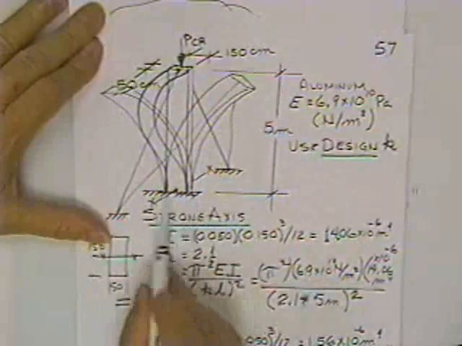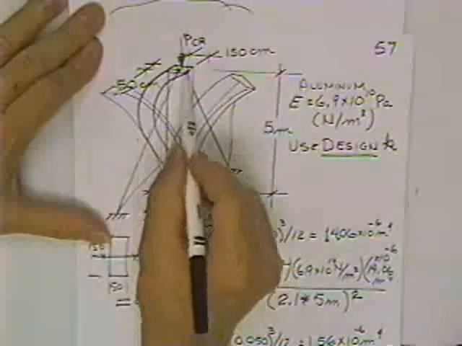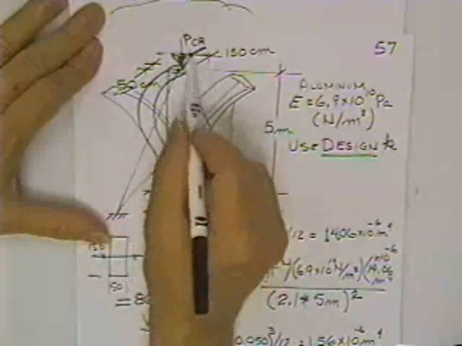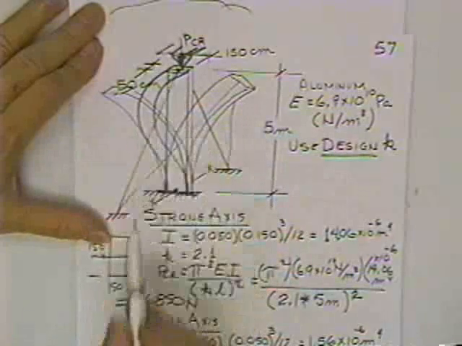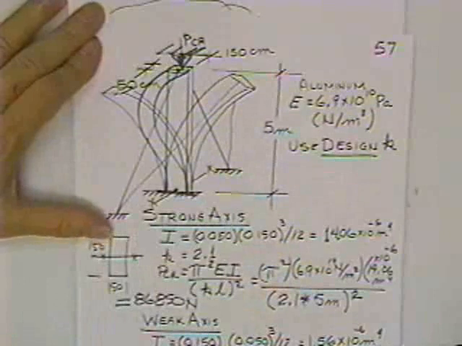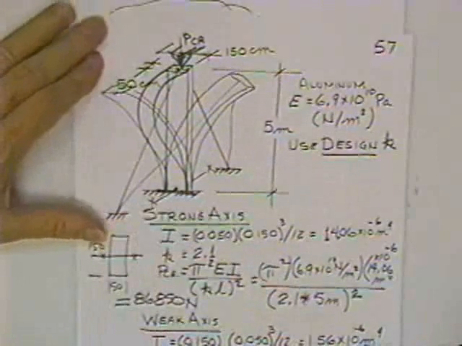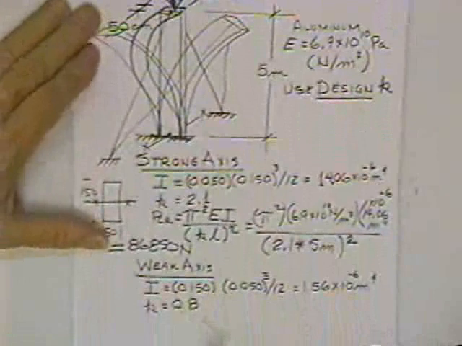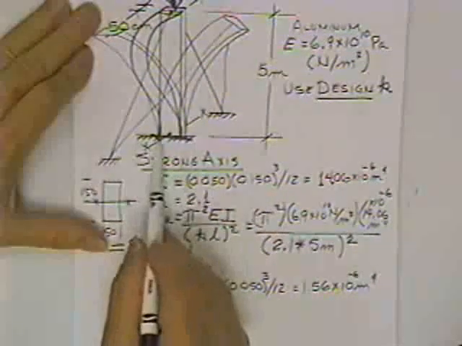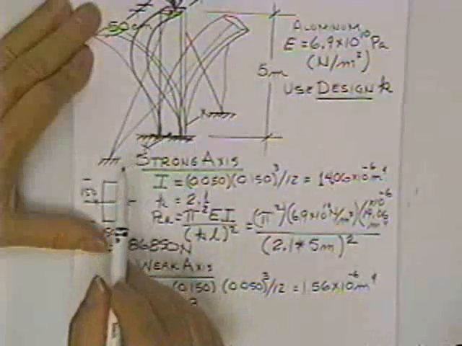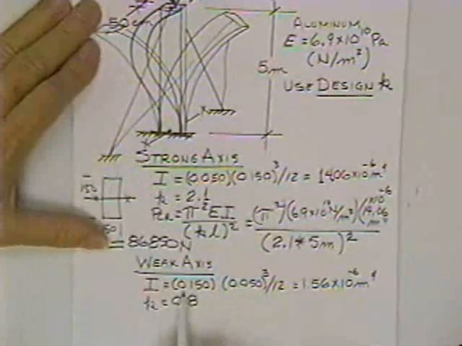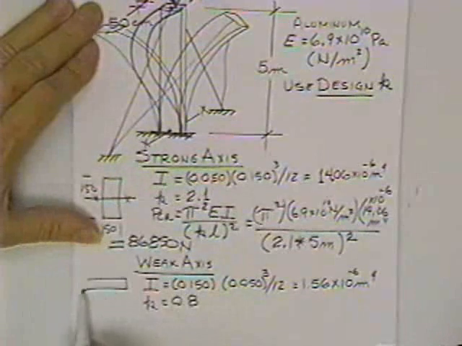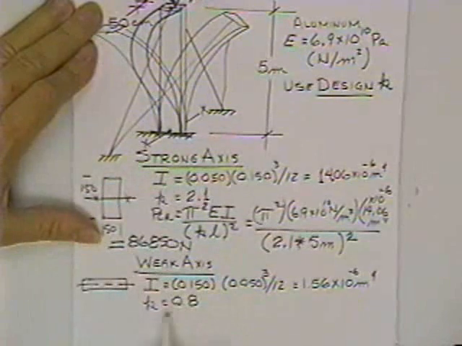It has to be fixed at the base, and it's just like it has a pin at the top about the weak axis because these wires pin it about the weak axis. So that K, if you look in your book, is for one end fixed and the other end wired or pinned. That's where I got the 0.8. Now the moment of inertia, if it's going to buckle about the weak axis, I show it like that.